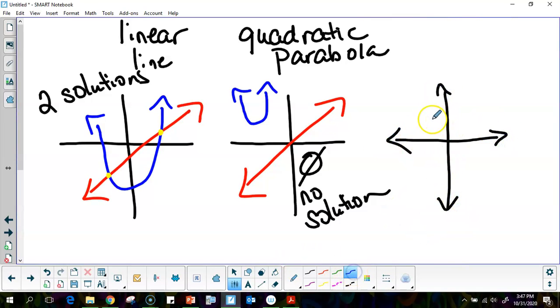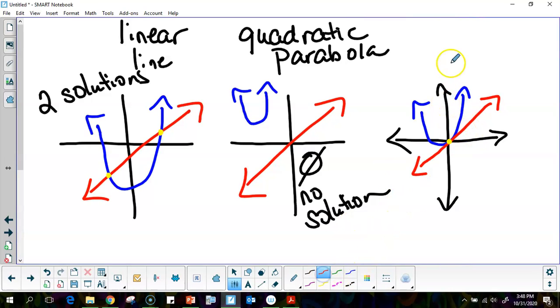And then very rarely, what you might see is a parabola and then a line that just kind of touches the parabola, and it looks like more than 1 point, but it's really just 1 point. A line that touches a parabola, or a line that touches any sort of nonlinear curved graph at 1 point, whether it's a circle or a parabola or whatever, is called a tangent line.